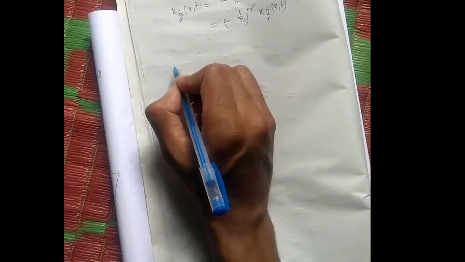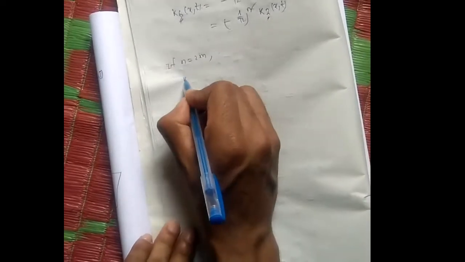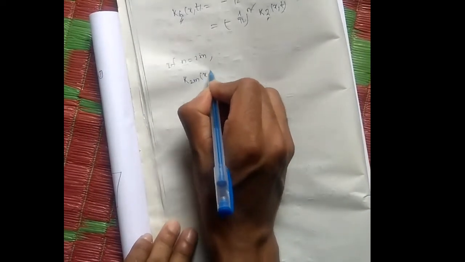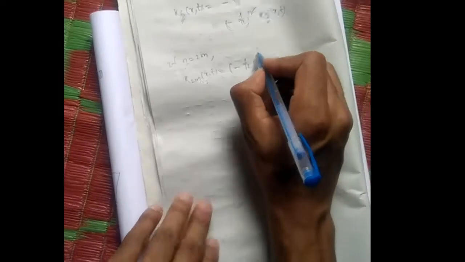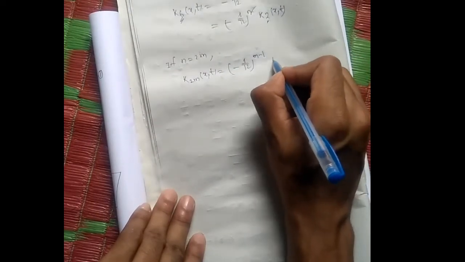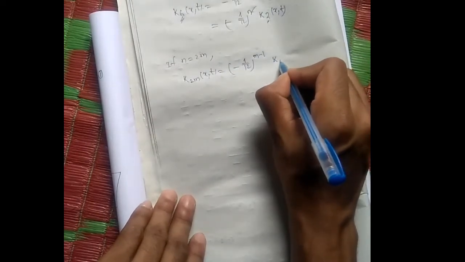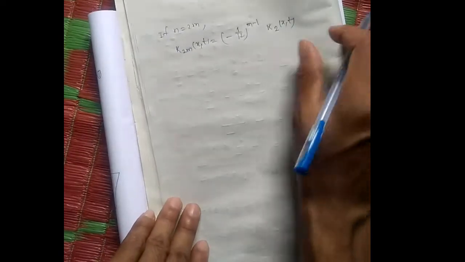Okay, so the value of the integral is, if n equals 2m, then k2m(x,t) is nothing but minus 1 by 12 to the power m minus 1 times k2(x,t).